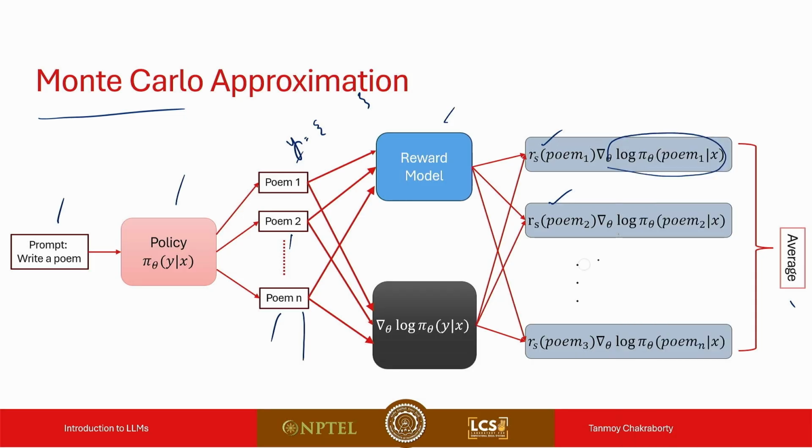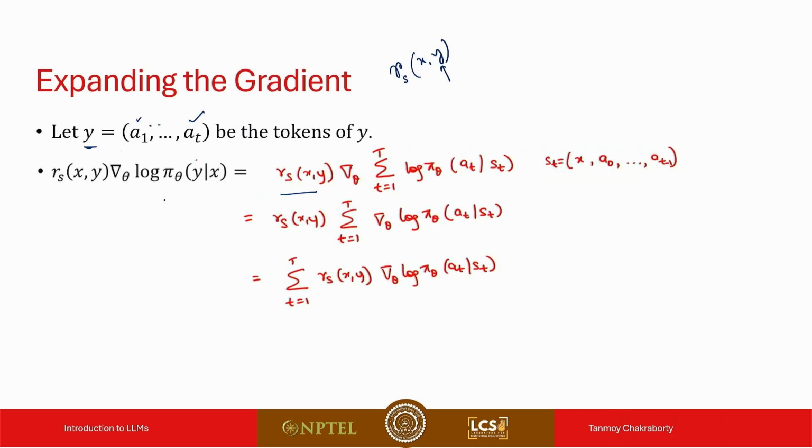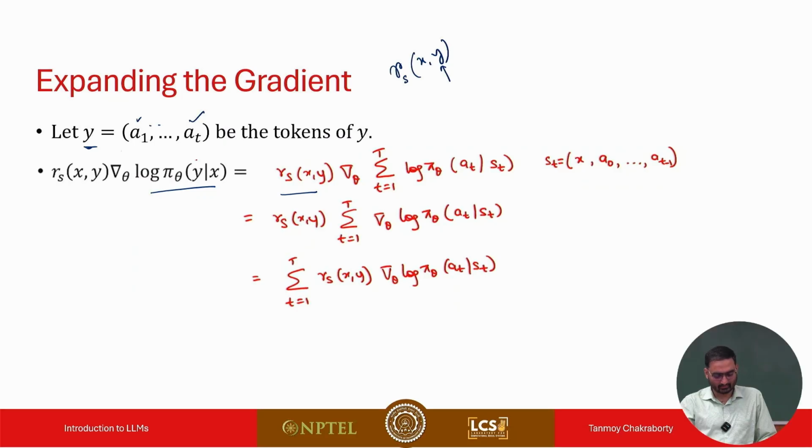Nevertheless, if you look at this term again, log of pi theta y given x, where y is essentially a1, a2, dot dot dot, aT, you can think of it as a cumulative gradient for every token.